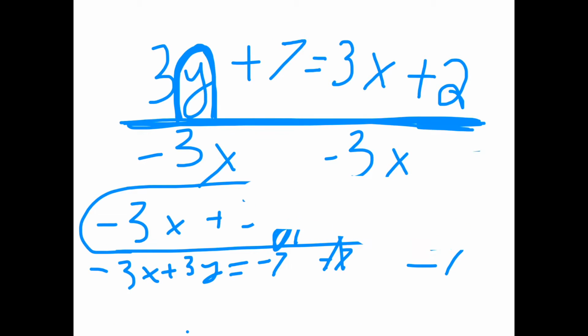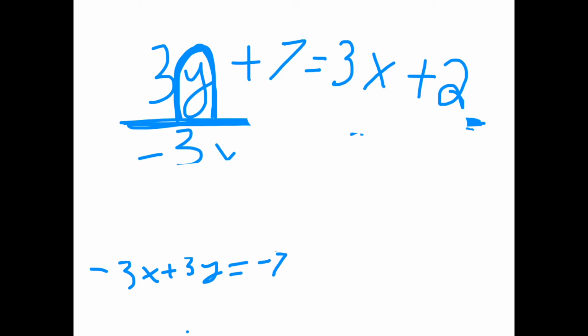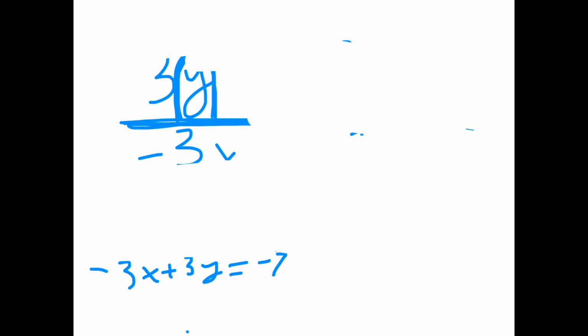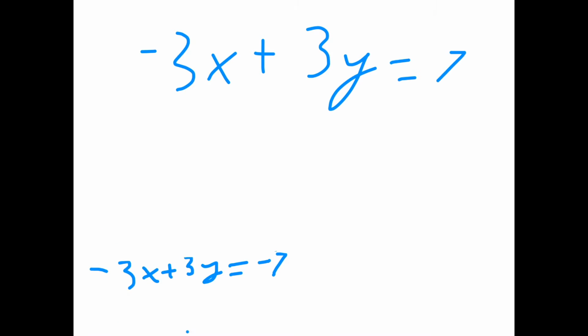Now let me just erase what's around here so you guys can see it better. There we go. So minus 3x plus 3y equals minus 5.